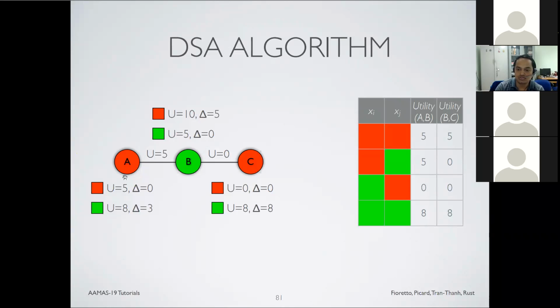If A chooses red, A is connected with B, and B chooses green, then what will be the value of this arc? That is the utility. A is red, B is green, so the AB value is 5.